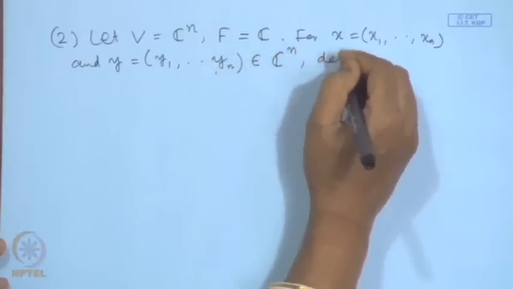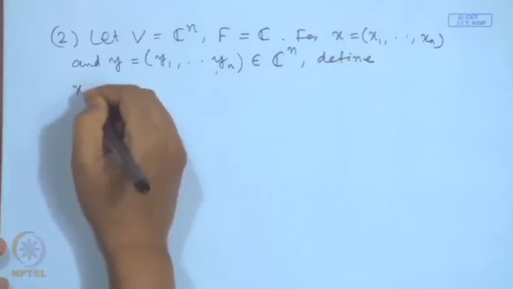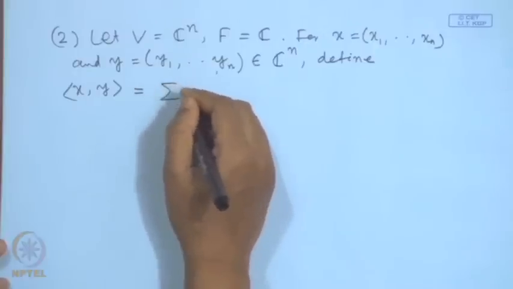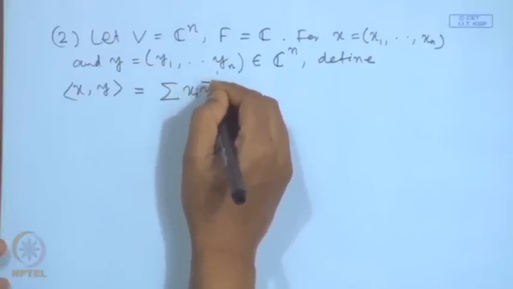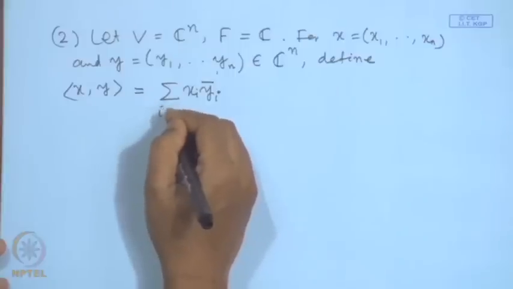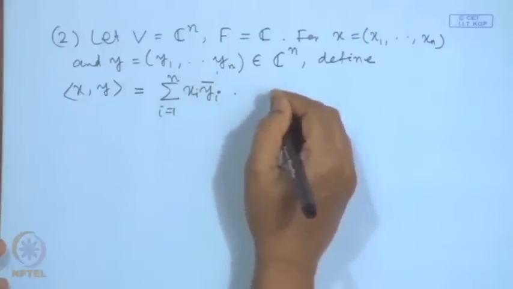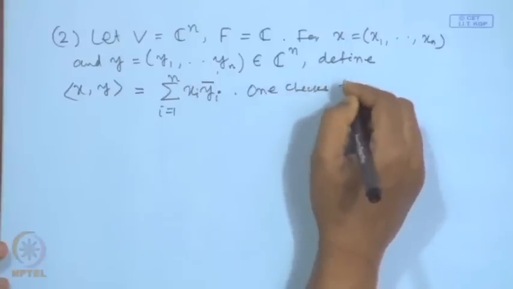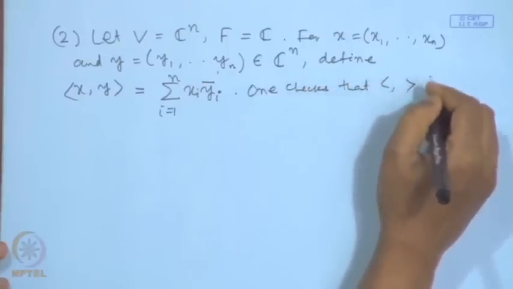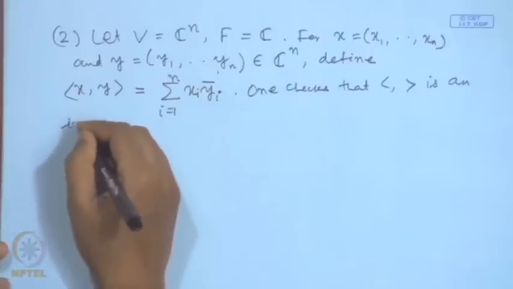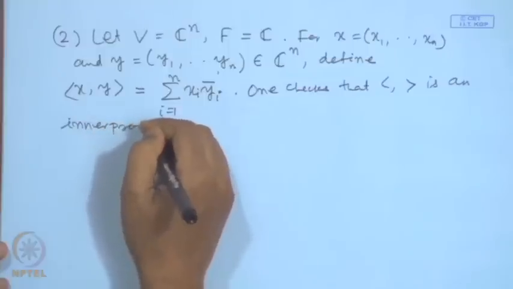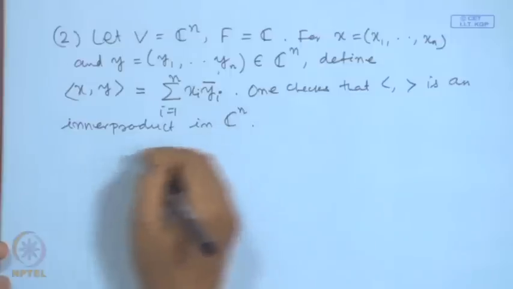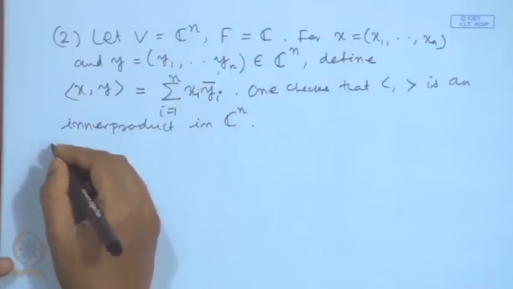In C n, define this mapping as summation x I y I bar, the complex conjugate again, I from 1 to n. Again one checks that this mapping is an inner product in C n. Therefore, this C n is also an inner product space.